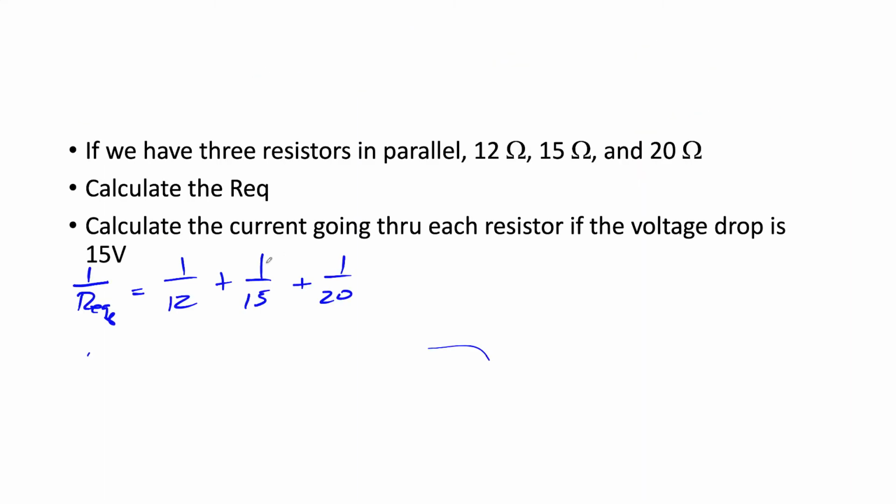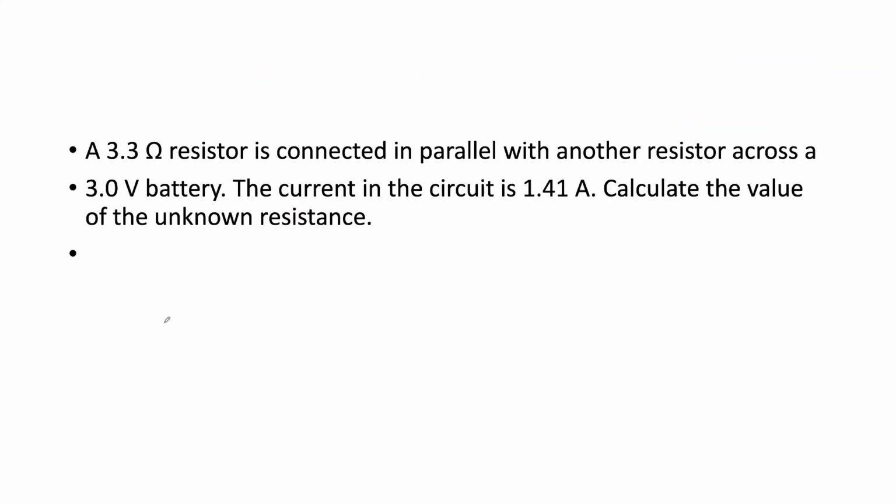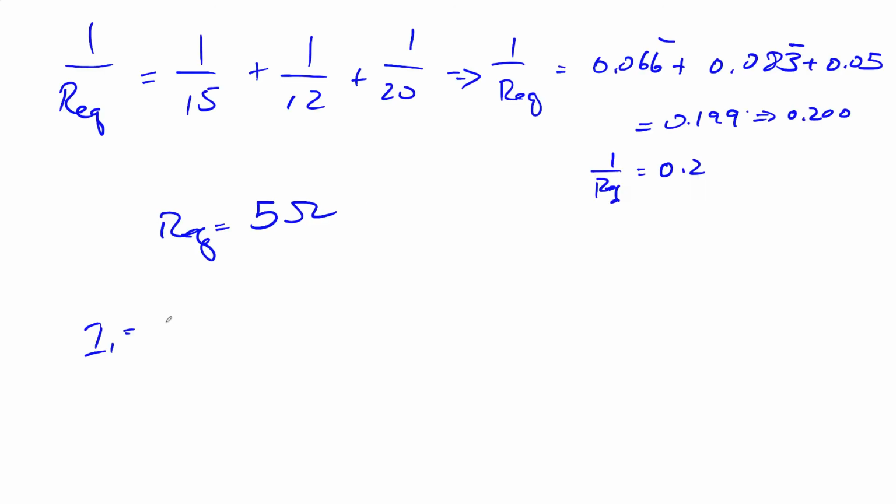Now the next question says, calculate the current going through each resistor. So each resistor drop is going to be 15 volts. So the current I1 is going to be voltage, what did I say, 15 volts divided by 15 ohms, excuse me.